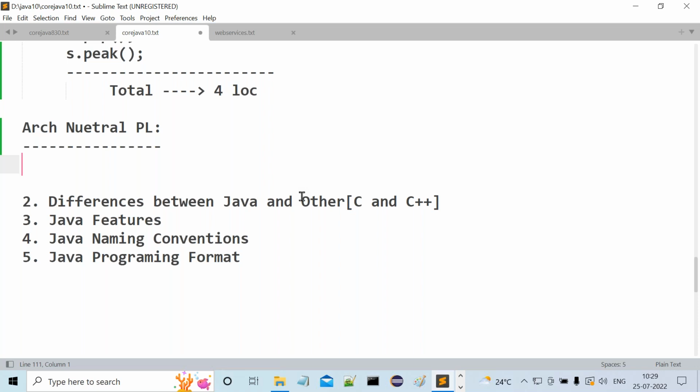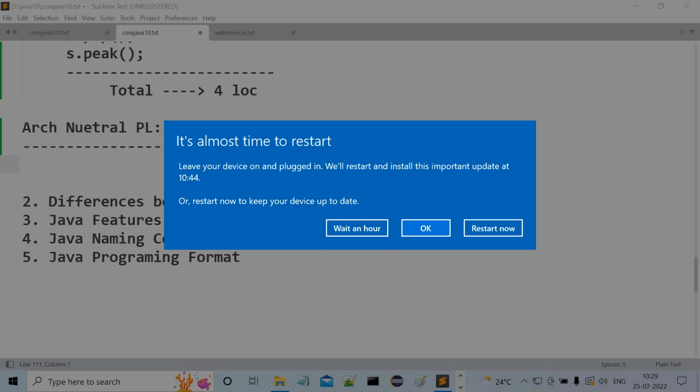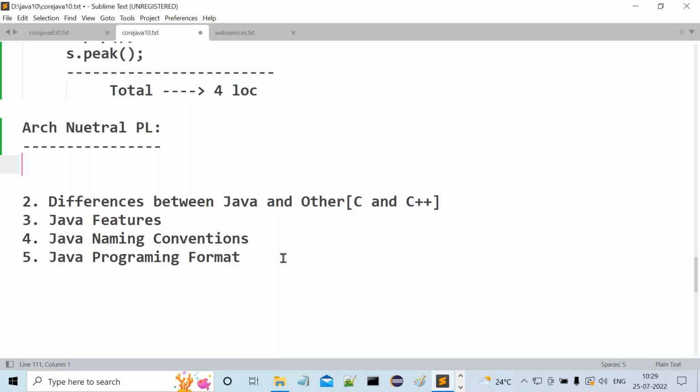The software industry is a huge market, a huge industry. If companies decided to take only computer science students, then 75% of the companies would have to be closed, especially in India.